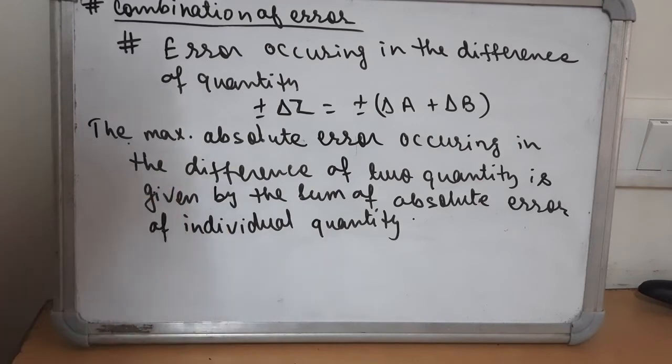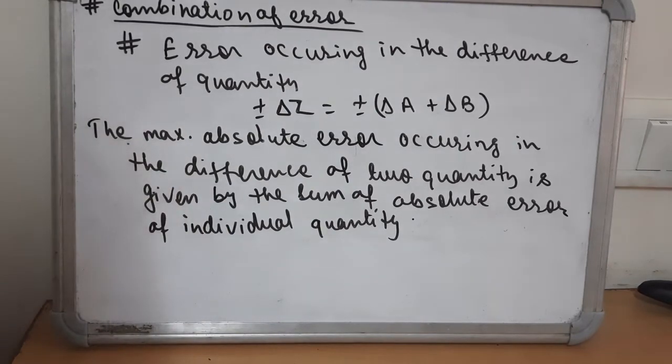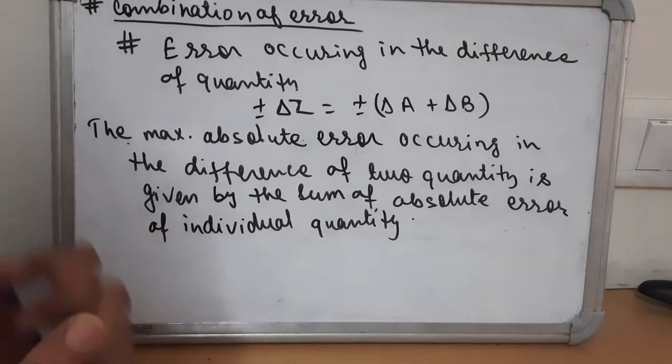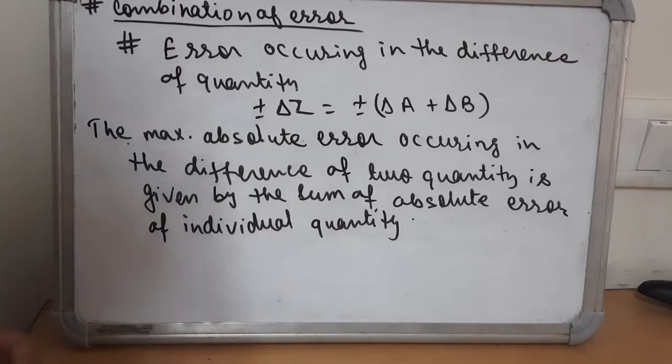The maximum absolute error occurring in the difference of two quantities is given by the sum of absolute errors in the individual quantities, which means the mistakes in physics are not resolved by doing other mistakes. So the mistakes in physics are always added.